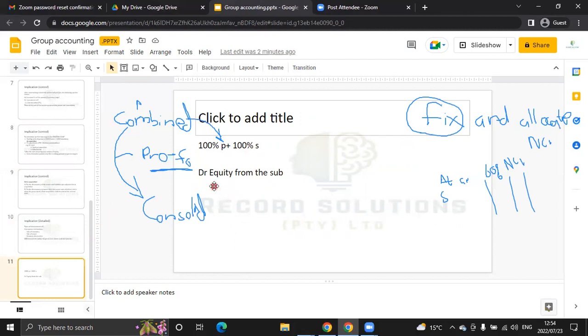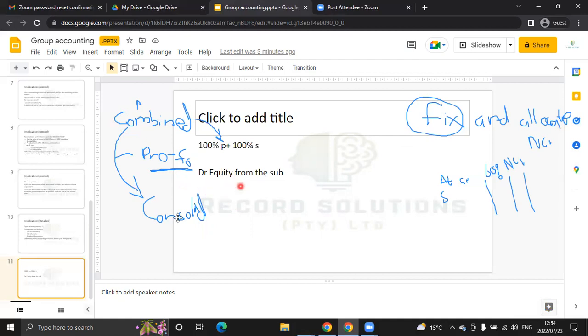So now don't forget, let's say that for equity acquisition you have a debit balance, right? Because you have a debit balance, you're going to credit the equity acquisition. So you won't debit it here, you're going to credit it. But what I mean by debit is we are taking it out.